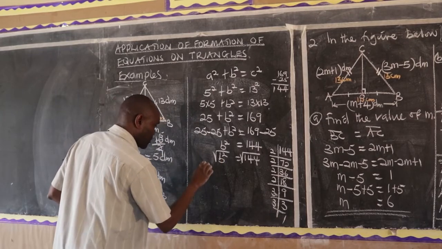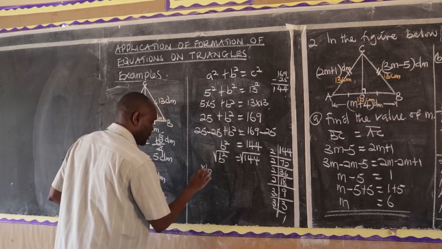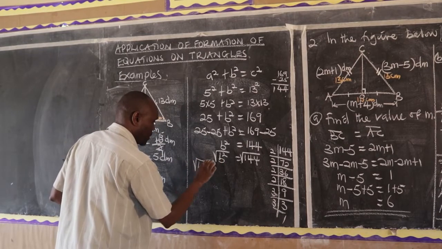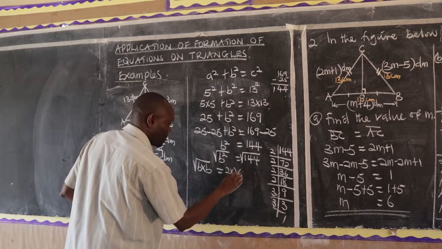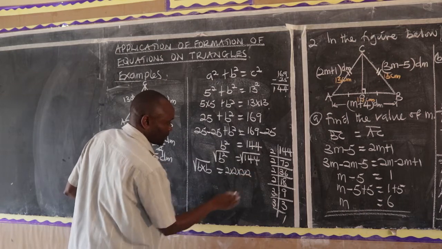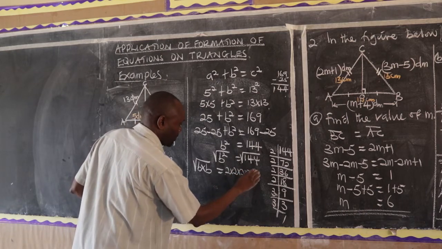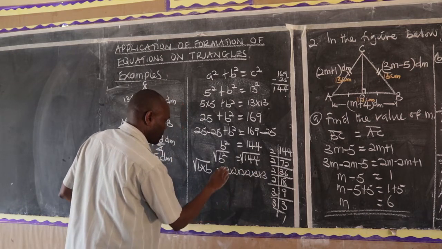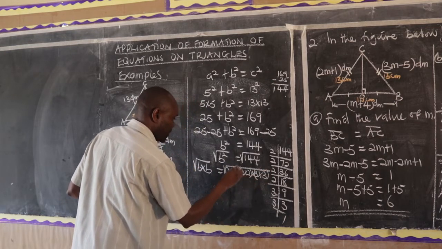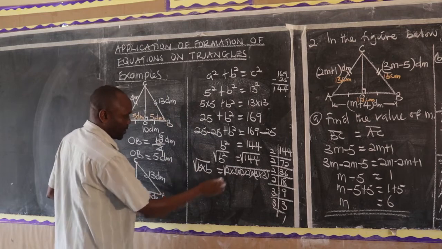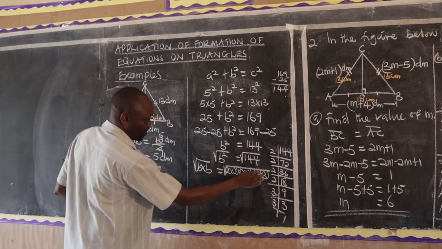So this is B squared, the same as B multiplied by B. So the square root equals 2 times 2 times 2 times 2 times 3 times 3. Square root covers all, so they are in pairs. So in each pair we cancel 1.